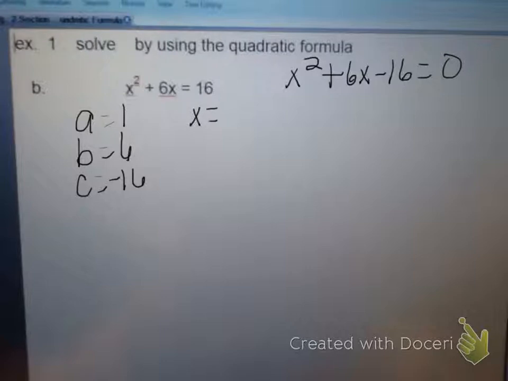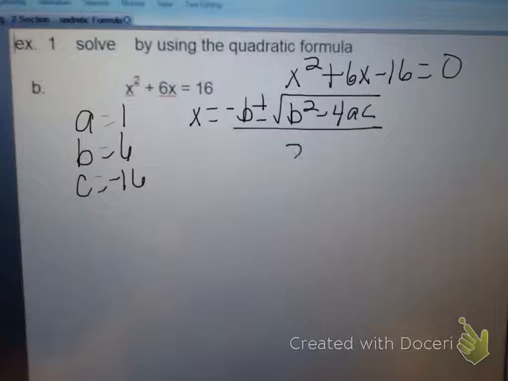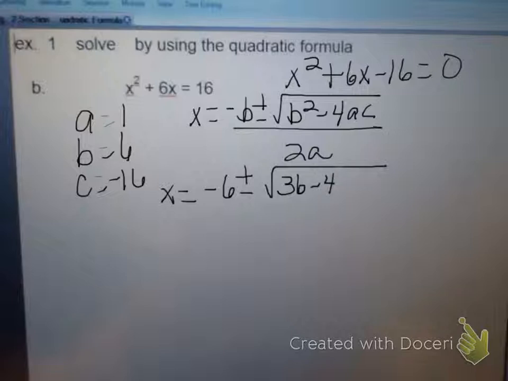Write the formula down. x equals negative b plus or minus the square root of b squared minus 4ac all over 2a. So that's negative 6 plus or minus the square root of b squared, that's 36, minus 4 times 1 times a negative 16, all over 2 times 1 is 2.